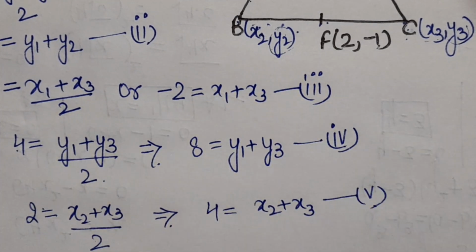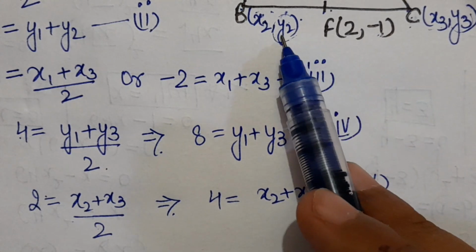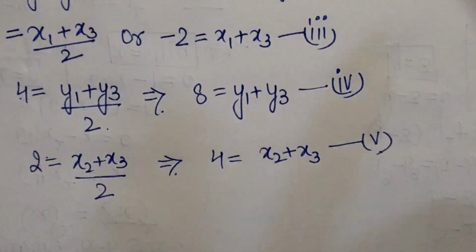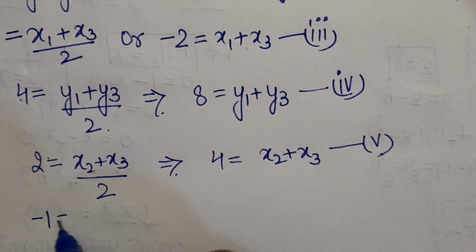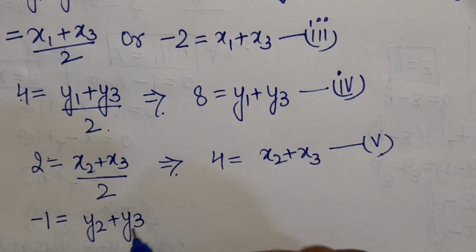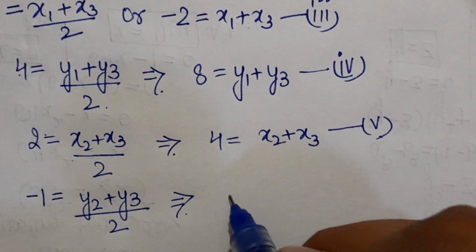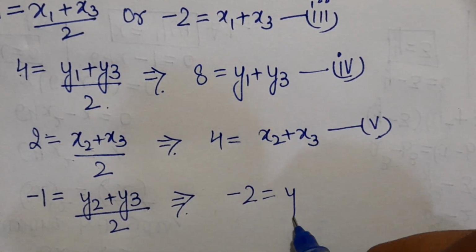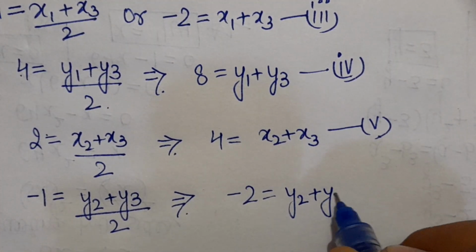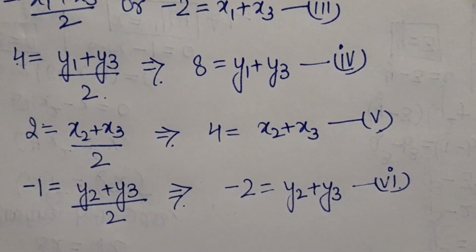Write this as equation number 5. And the last one, -1, is the midpoint of y2 and y3, giving -2 equals y2 plus y3. Name this equation number 6.